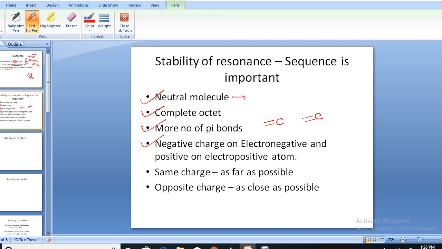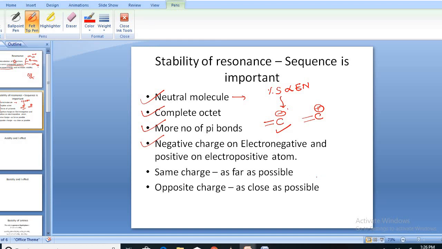In one structure I have a negative charge on this sp2 carbon, and in another structure a positive charge on an sp2 carbon. You might know that percentage s character is directly proportional to electronegativity, right? This has more percentage s character, so this is more electronegative. That means out of the two structures, this is going to be more stable.